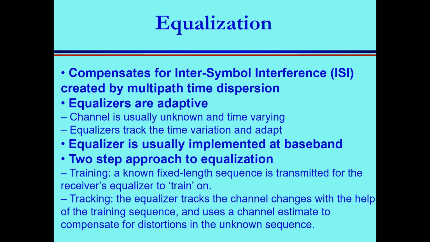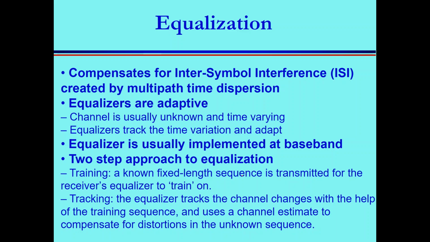So equalization, let's have a look and understand what equalization is. Equalization, as we said, compensates for the effect of the channel, and most importantly for the effect of intersymbol interference created by the multipath time dispersion channel. Equalizers are usually adaptive to the channel. You need to update them frequently.